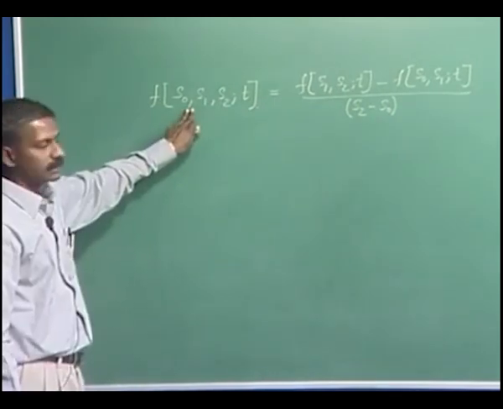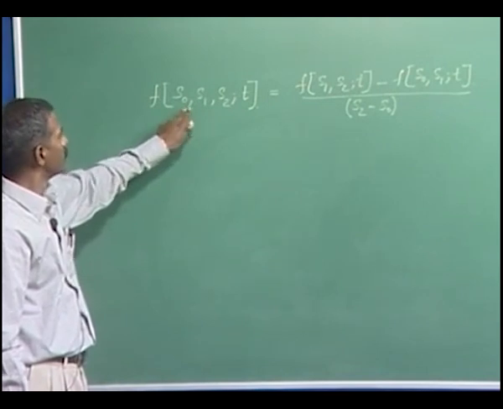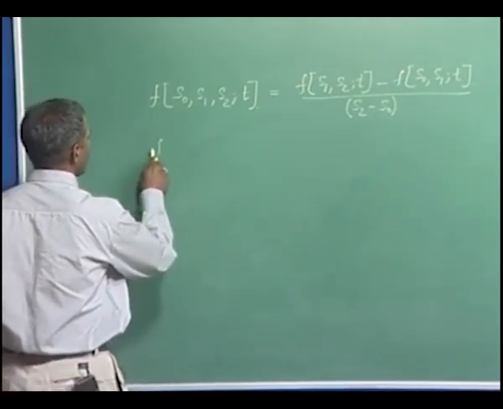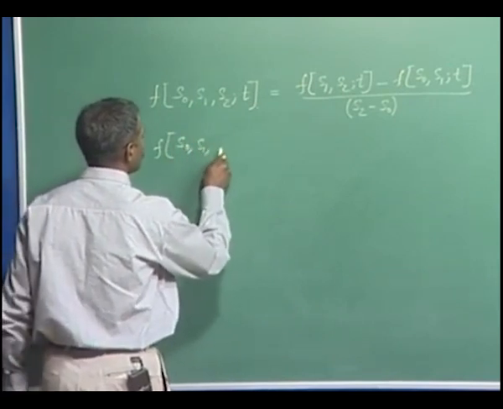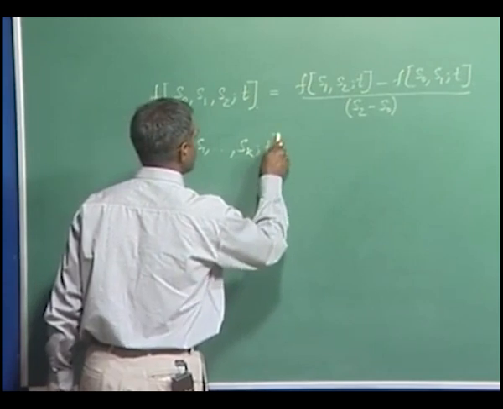It would not be very difficult, if you understand these divided differences, for you to generalize and find what f[S0, S1 up till Sk : t] would be.